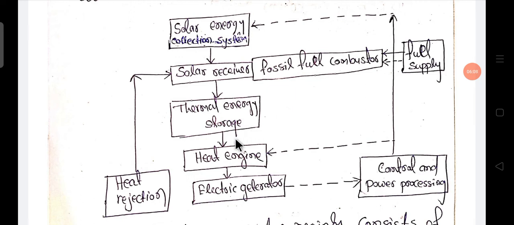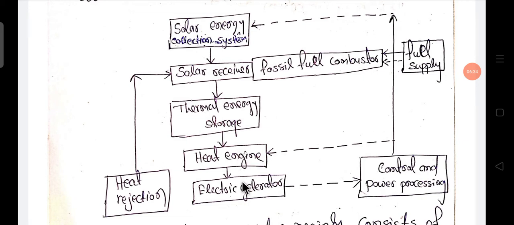And after that, the heat generator: the stored thermal energy we use to generate heat, and we give it to the heat engine. The heat engine converts the thermal energy into electrical energy.